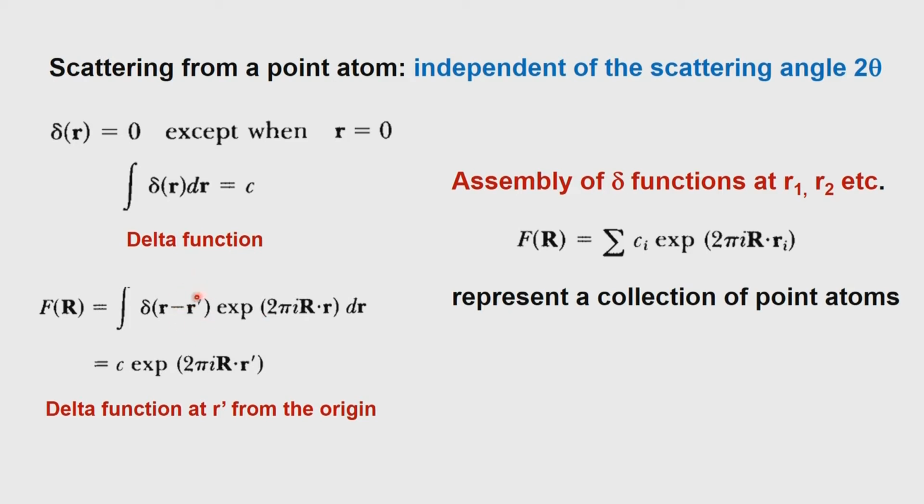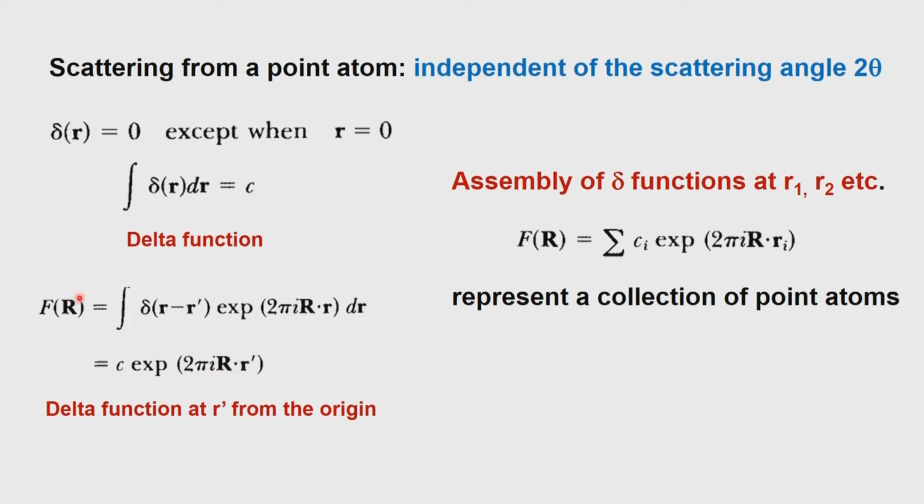It is located at a distance r prime from the origin, and therefore we get this expression. Away from the origin by r prime distance, then we have the phase factor coming in, and the delta function is at r prime from the origin, and then we will get this expression C, which is still the total number of electrons multiplied by the phase factor, which is exponential 2 pi i r dot r prime.